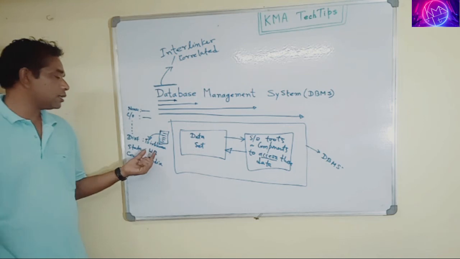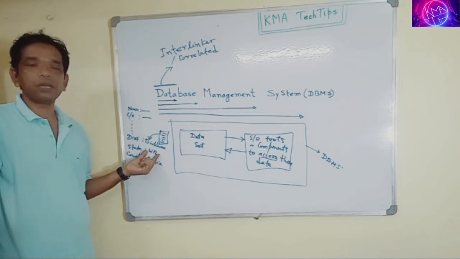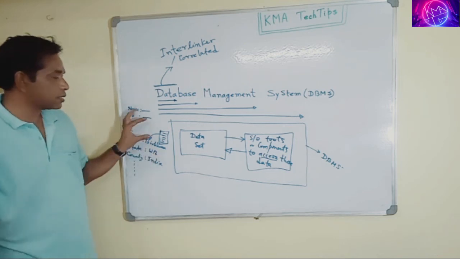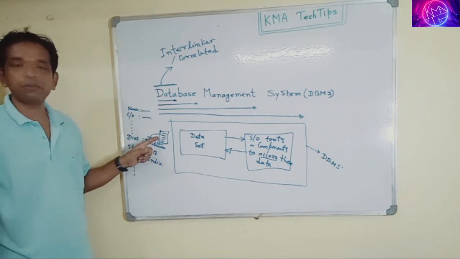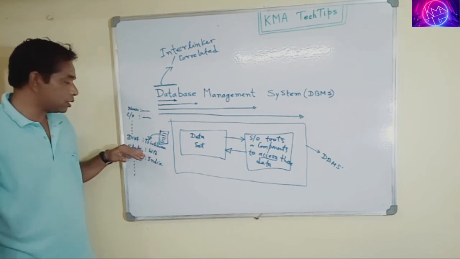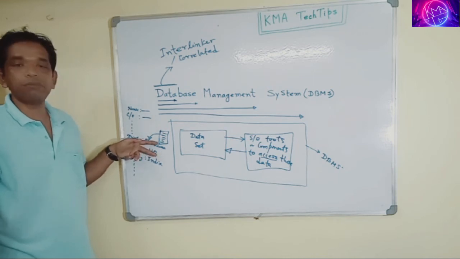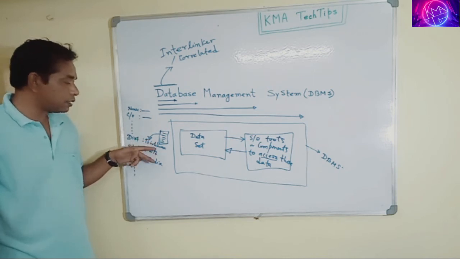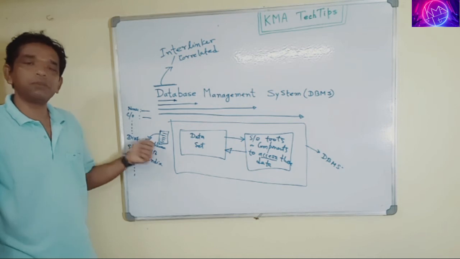If you write Bihar, Jharkhand, Odisha or some other state, then obviously the same district names would not be here. So that is the correlation between a pair of data, the interrelation, the interlinked type of data.